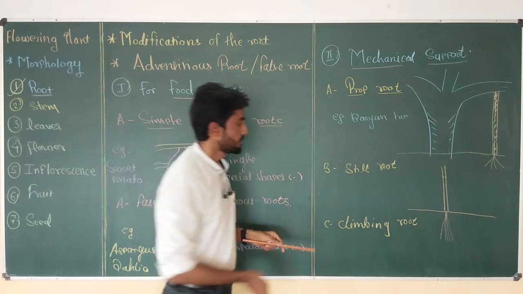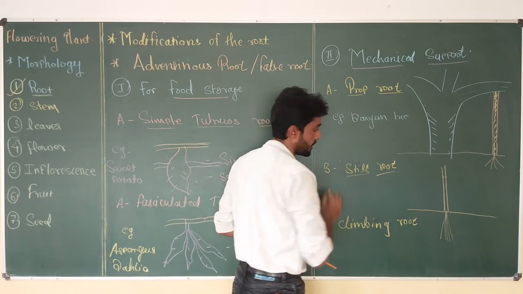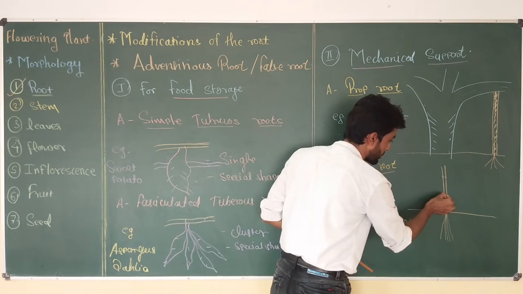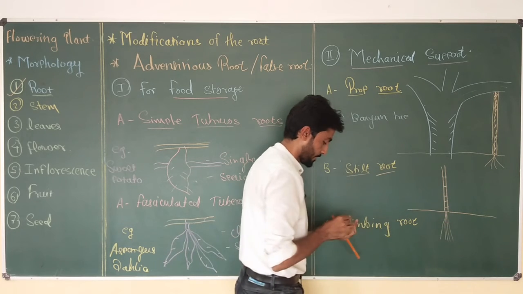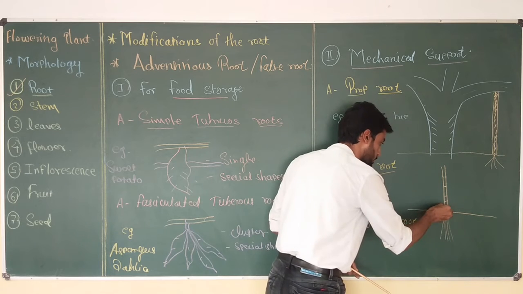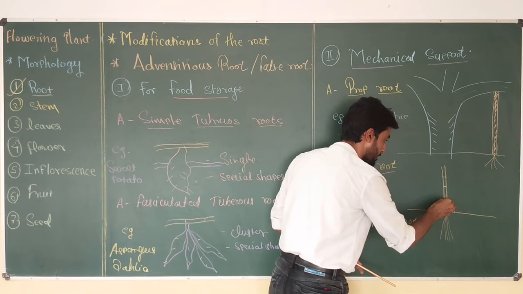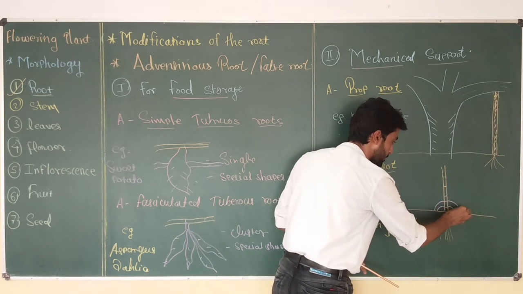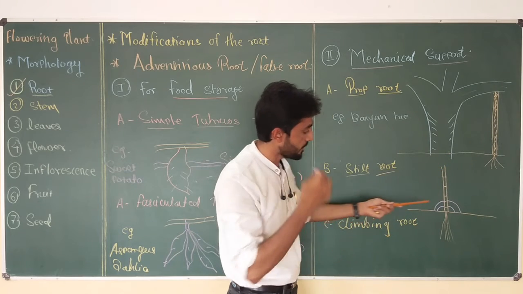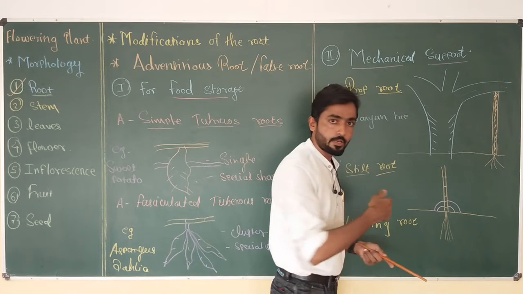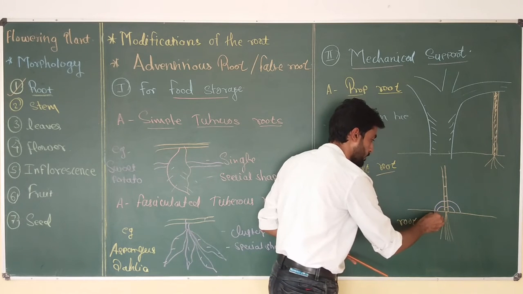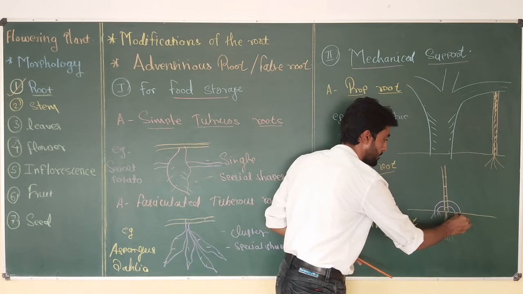Okay, so stilt roots generally develop from the lower nodes of these plants, and after development the roots directly enter the soil. That means they grow obliquely towards the soil, and after they come in contact with the soil, they penetrate the soil and then they grow inside the soil.